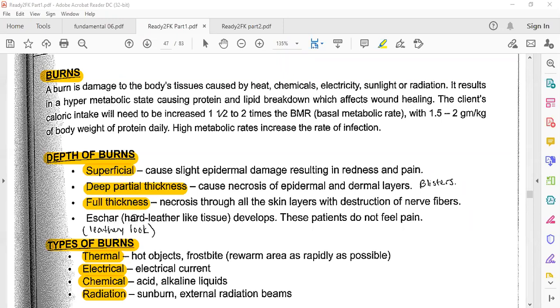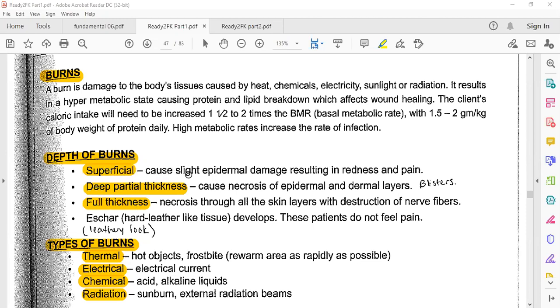And full thickness burn, which some books call third degree. Different books categorize burns differently. A superficial burn occurs because of damage to the epidermis, like sunburn.